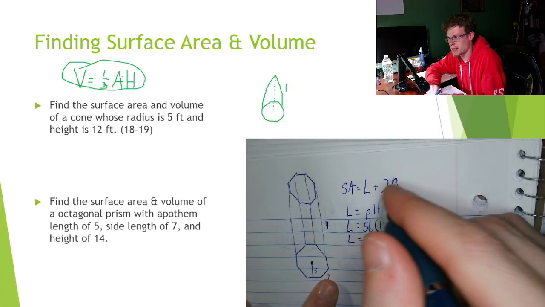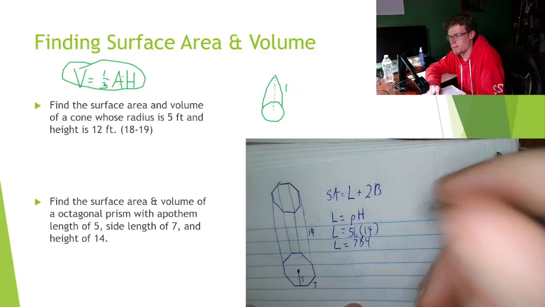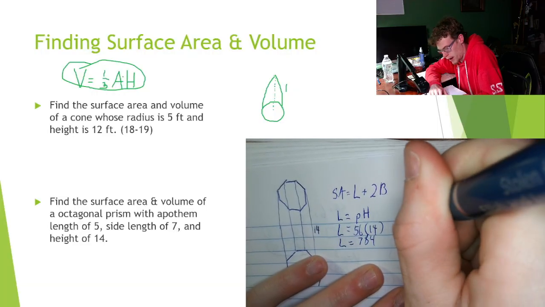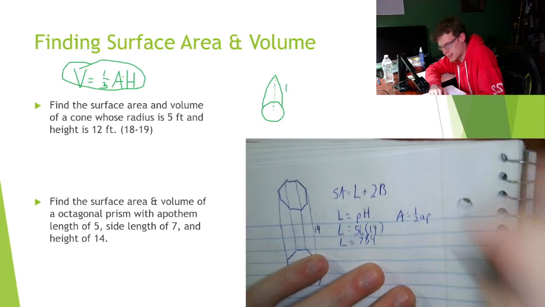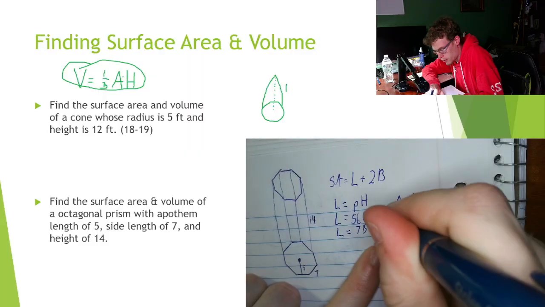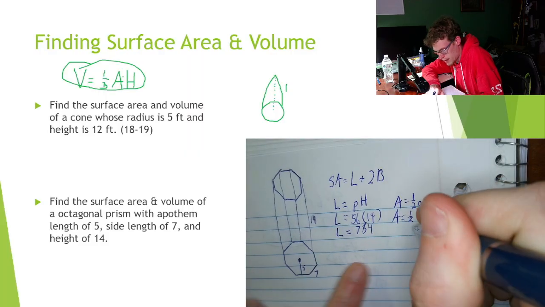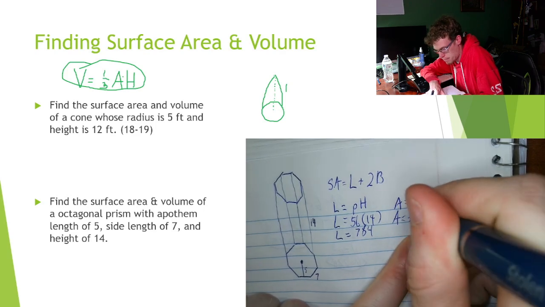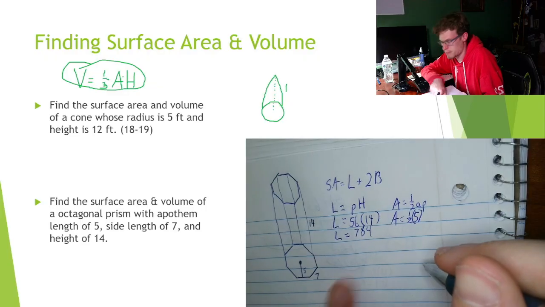Now for the area of my base. Remember that the formula for the area of my base is, drumroll please, area equals 1/2 apothem times perimeter. That's what that is. So, area equals 1/2 times my apothem, which is 5, times my perimeter.